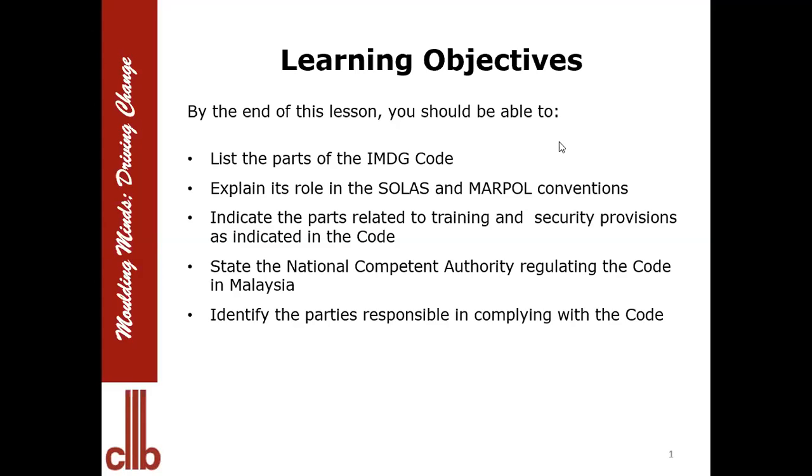Training came in version 3510, and security provisions also came in 3510, after 9/11, so we will see that. State the national competent authority regulating the code in Malaysia and identify the parties responsible for complying with the code.